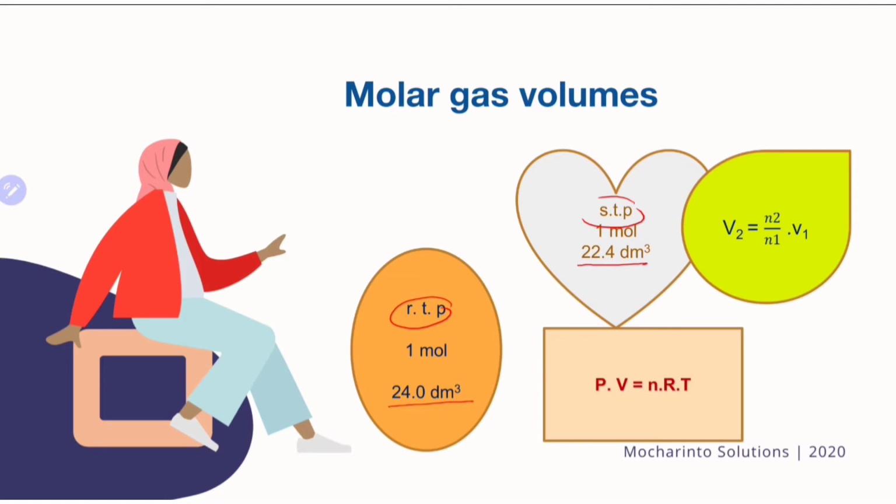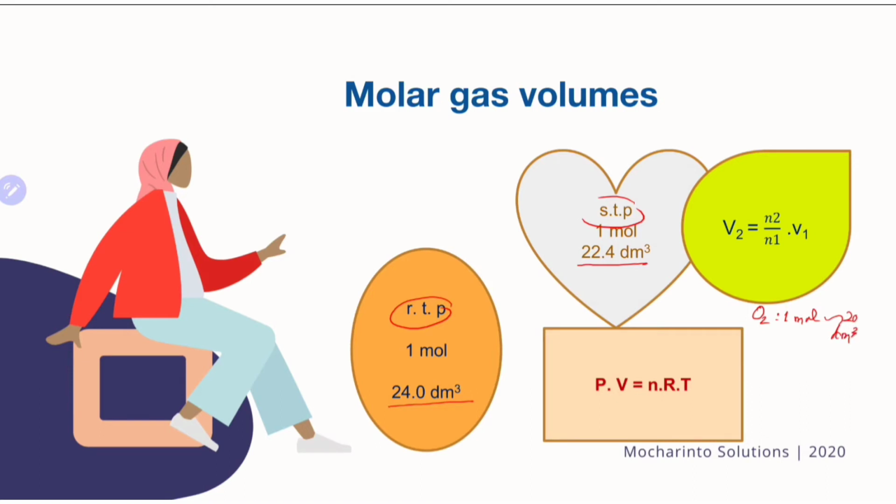Or we don't know the pressure, or we don't know the temperature, but there is information about one particular gas. For example, oxygen at a certain temperature and pressure, 1 mole occupies 20 dm cube.